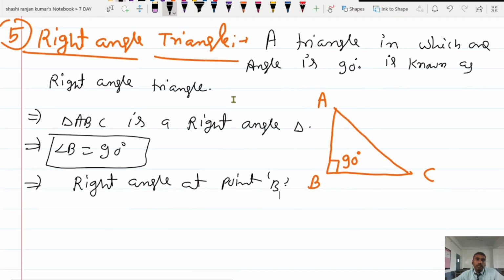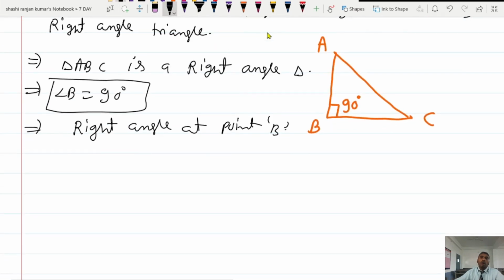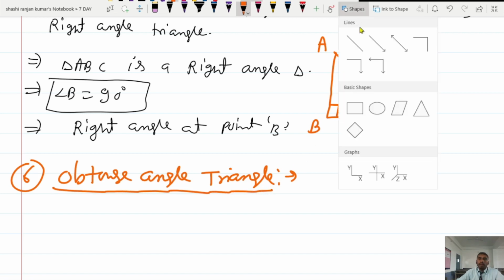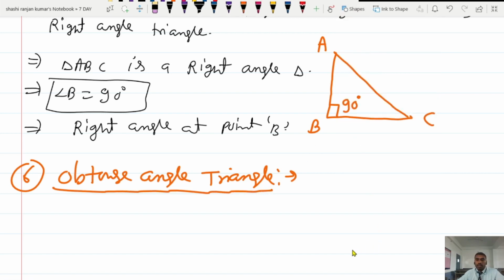Sixth one is the obtuse angle triangle. Can you tell me what is an obtuse angle triangle?